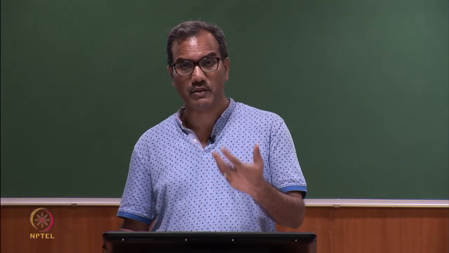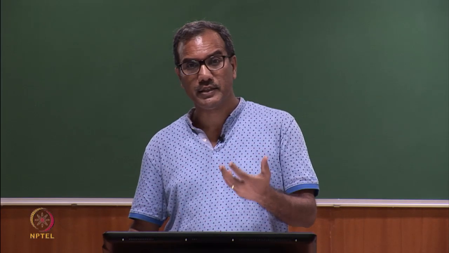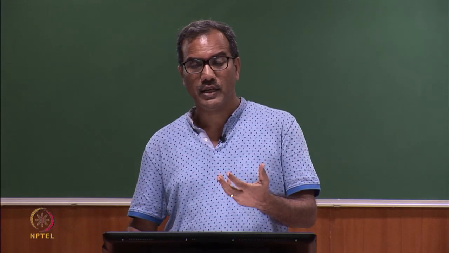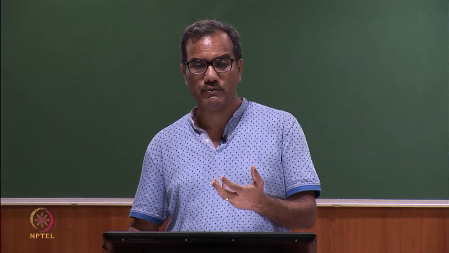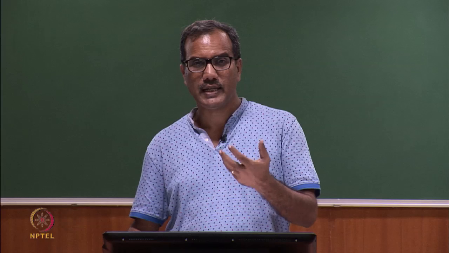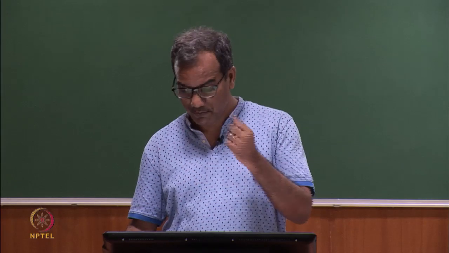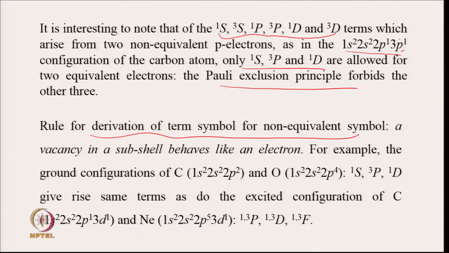Writing terms for 4 equivalent electrons leads to several different combinations, so it is easy to write the combinations for p2, and your term symbols are going to be the same for p2 and p4.